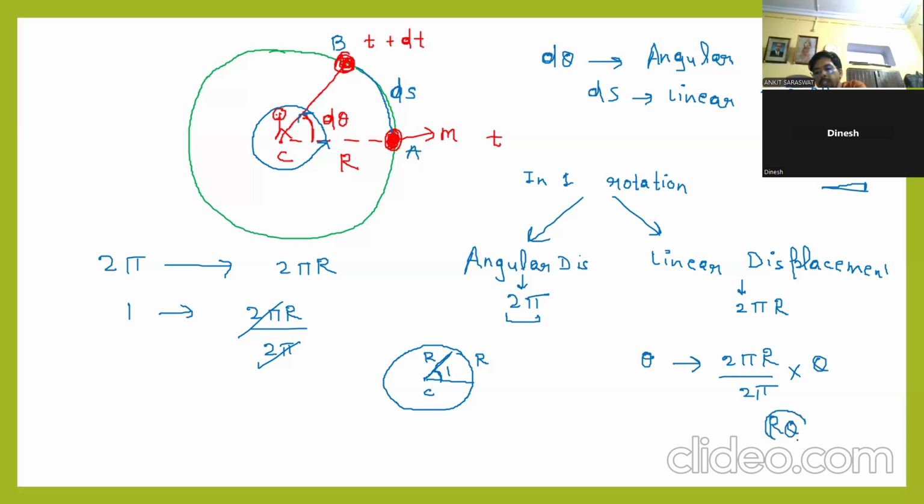In theta radian, it travels this much linear distance, linear displacement. And you can say this S is r theta.